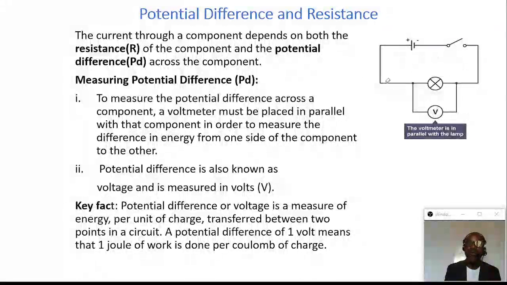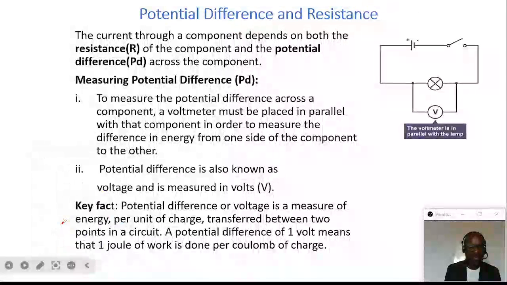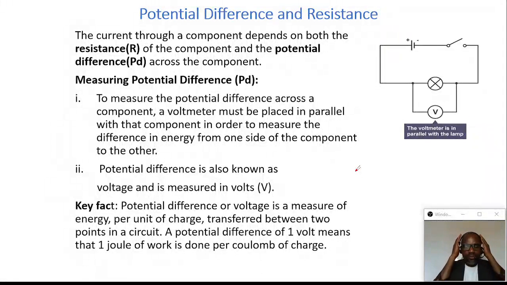What we are trying to do here is explain the topic we are going to discuss today: potential difference and resistance.